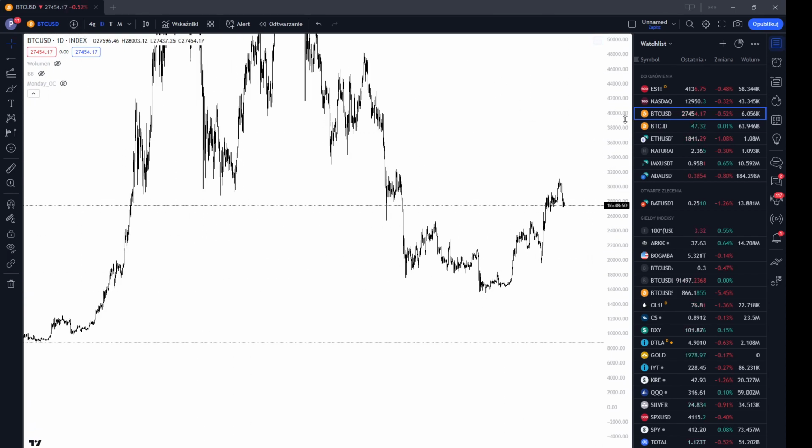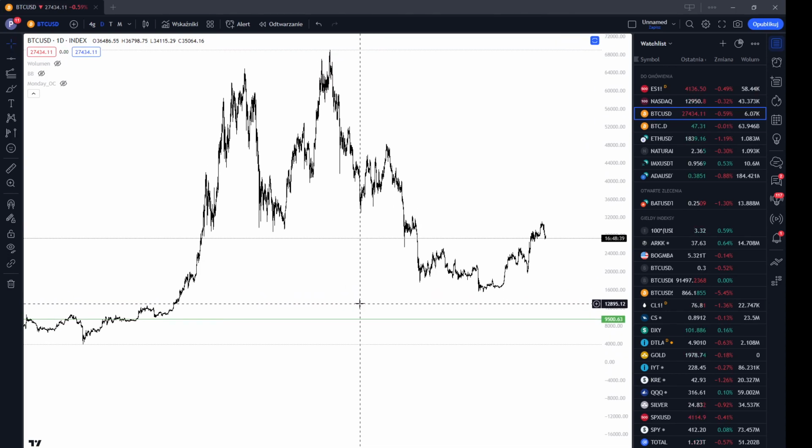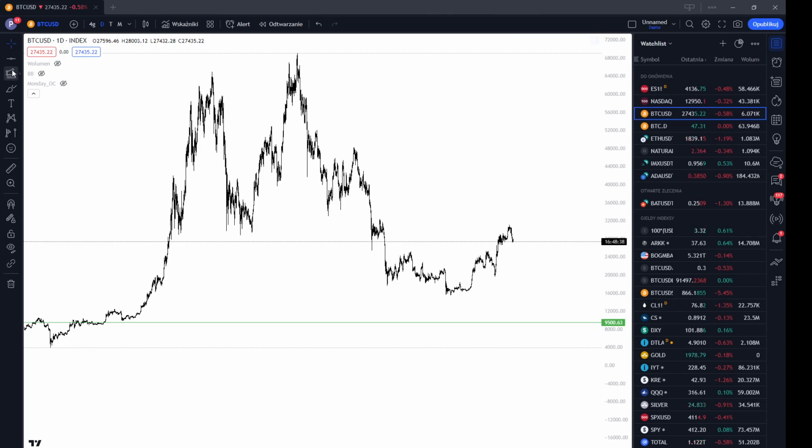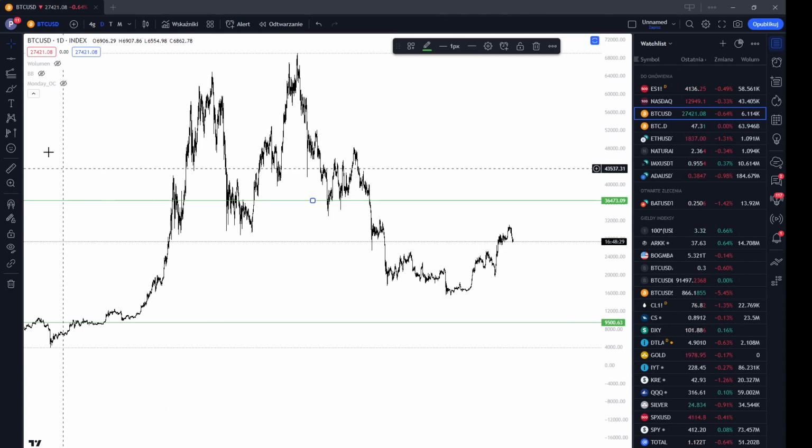But let's look at the local situation as well. So we know around about 9,500 is our support. So let's put it down here. This is our support, and our resistance was somewhere around about 36,000. Now, in our point of control, that was point of control.